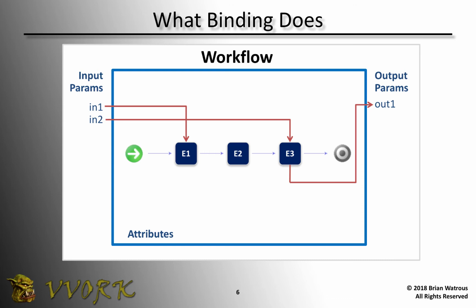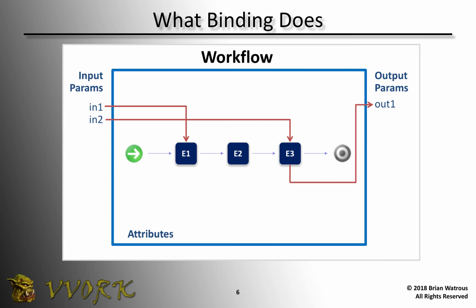With input parameters, you can only do inward bindings. And with output parameters, as the name suggests, you can only do outward binding. And while we're talking nitpicky here, another thing to know about input parameters and output parameters is input parameters are read-only variables and output parameters are write-only variables.